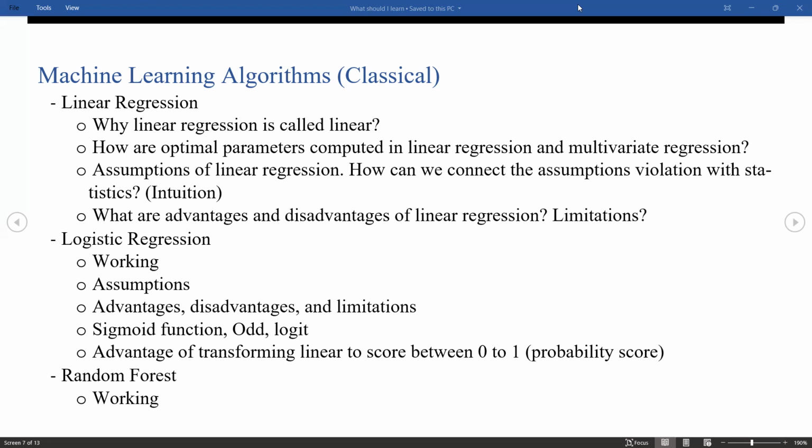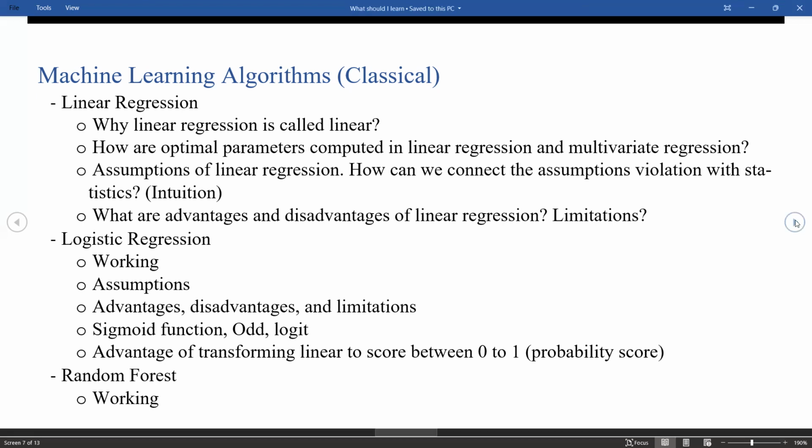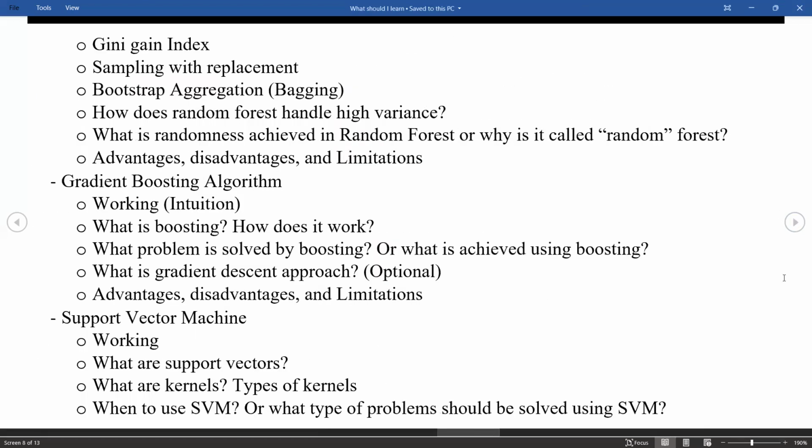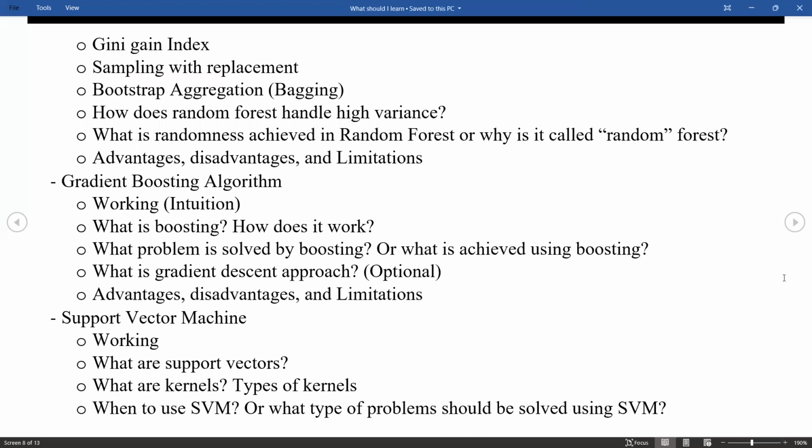Random forest. Again, its working, how a random forest works, its architecture, if you know, well and good. And then you should also know about the various core concepts related to random forest, like Gini gain index. What is Gini gain index? How to compute that, if you know, well and good, that's an extra thing.